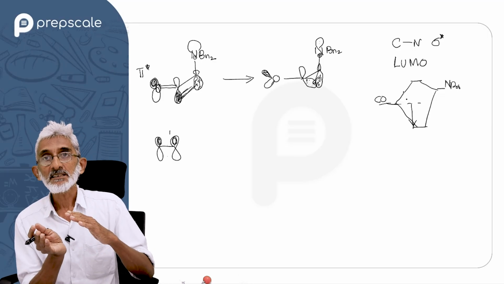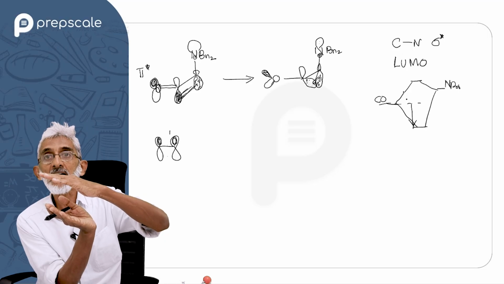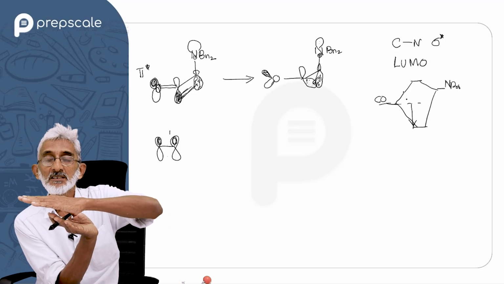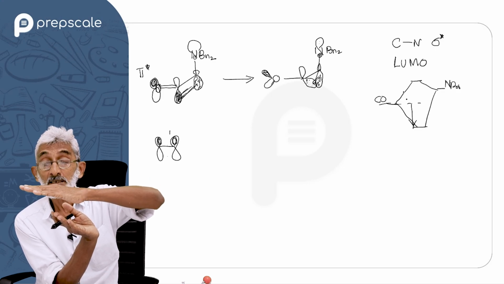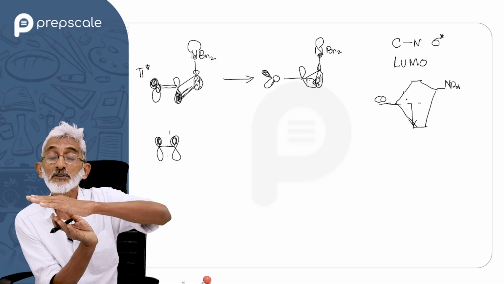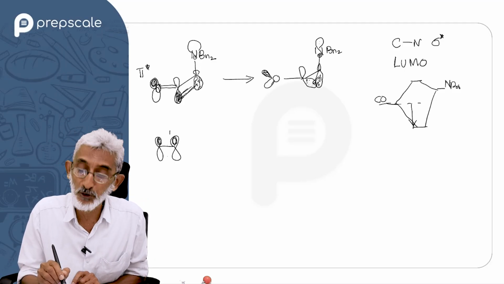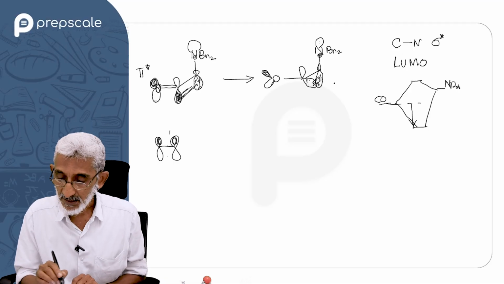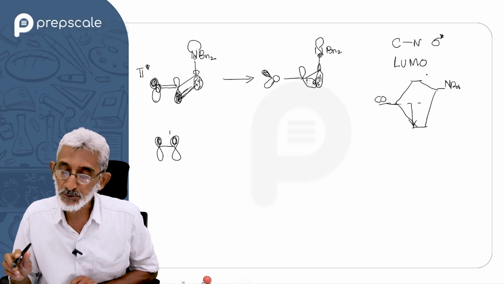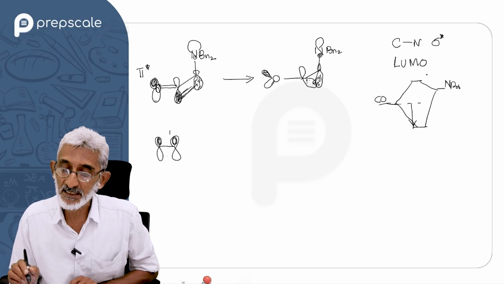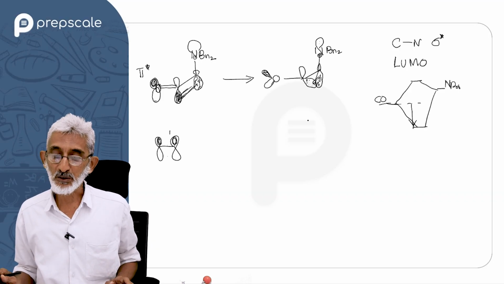So always in such addition reactions, a high energy HOMO will react with a low energy LUMO. Whichever factor reduces the energy of the LUMO will favor the reaction. So this interaction lowers the LUMO energy of the carbonyl group, and that favors the final product. So the nucleophile attack on the CO occurs very easily.